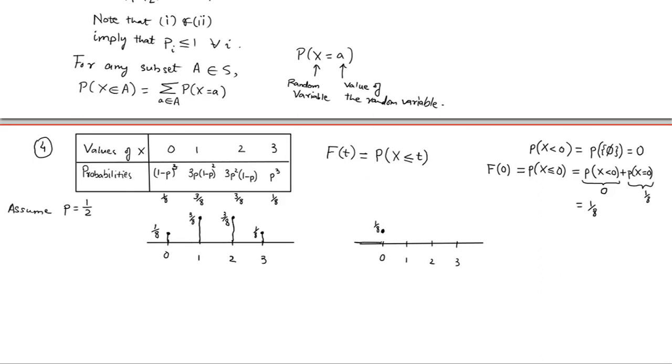So I'm just drawing it over here for visualization, but you should understand that this line is exactly on 0. Just for visualization. And I use this notation that the value of the function at 0 is this black dot, not this empty circle. The value at 0 is this filled circle, which is 1 over 8. Okay, let's continue.